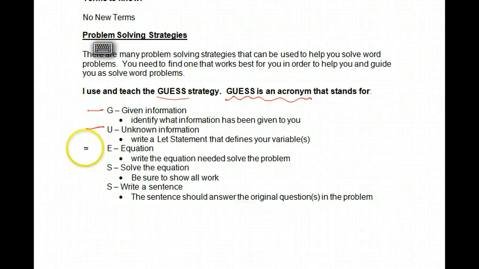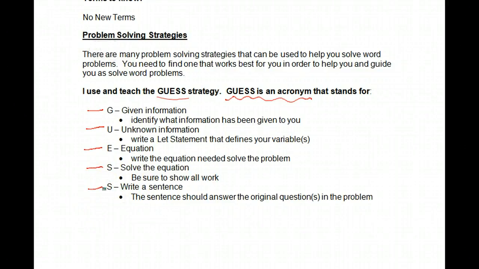After that, we would write our equation, and that is the equation that we would use in order to solve the problem. The first S is solving the equation, and in this step you want to be sure that you are showing all of the work. And then lastly, the last S is writing a sentence.